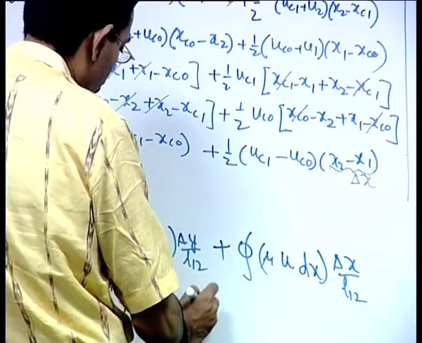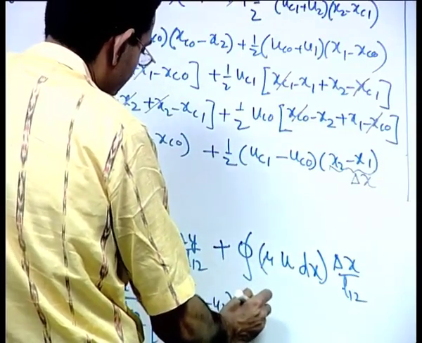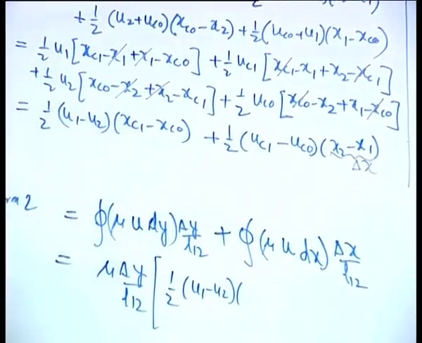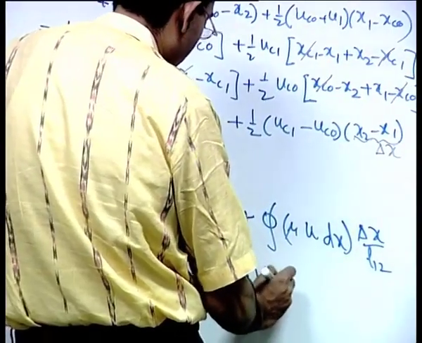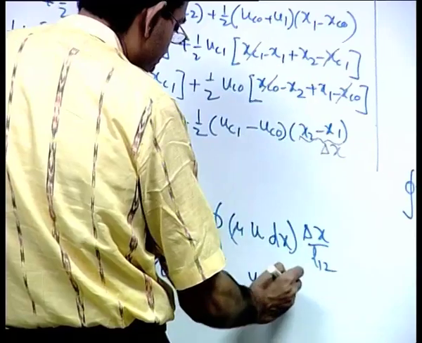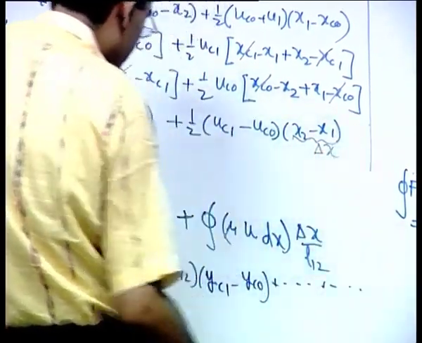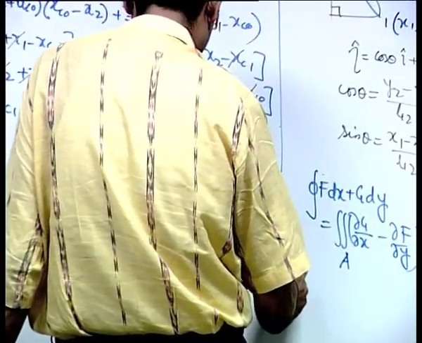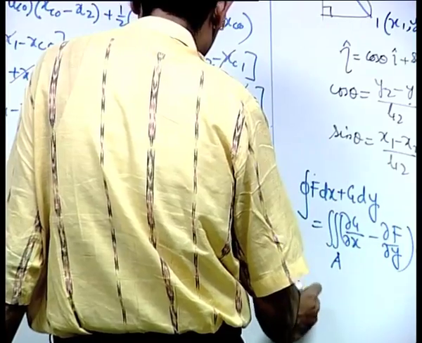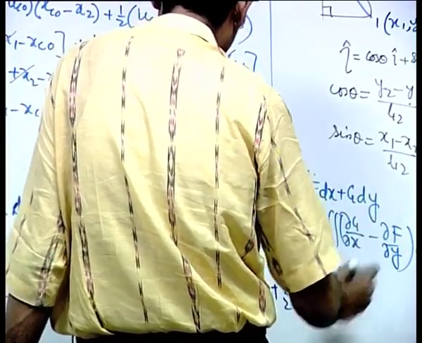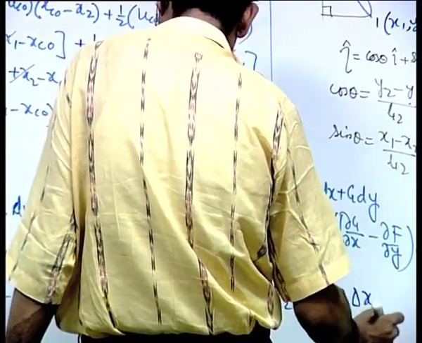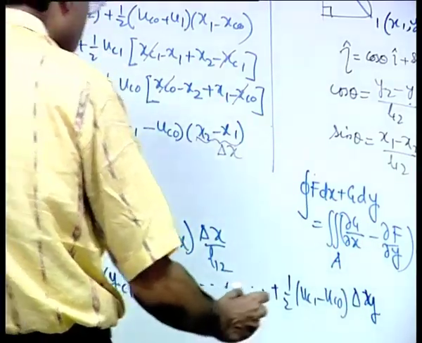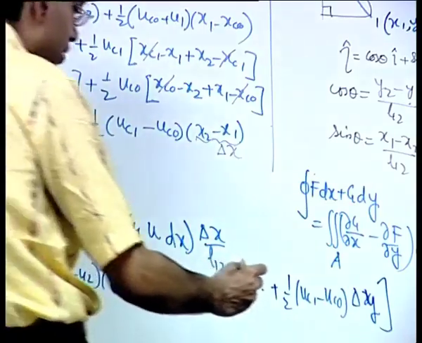So half into u1 minus u2 into, in place of x it will be y, yc1 minus yc0, plus 2 other terms, plus half into uc1 minus uc0 into delta x, sorry delta y, plus 2 other terms.